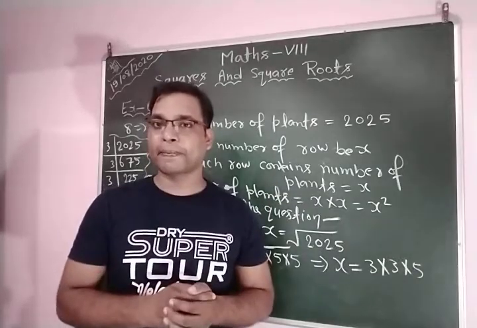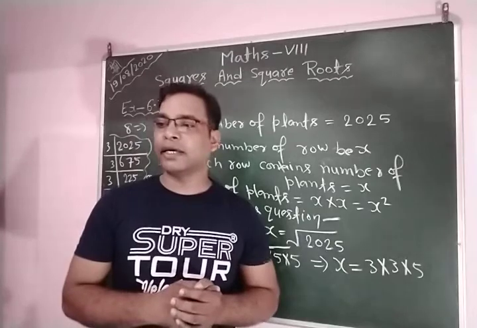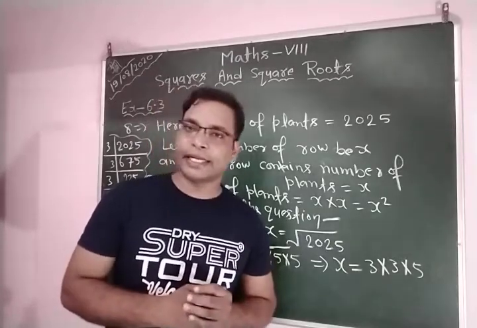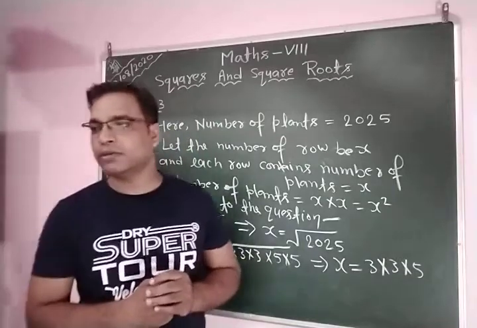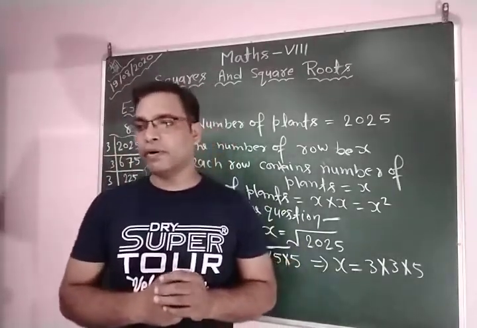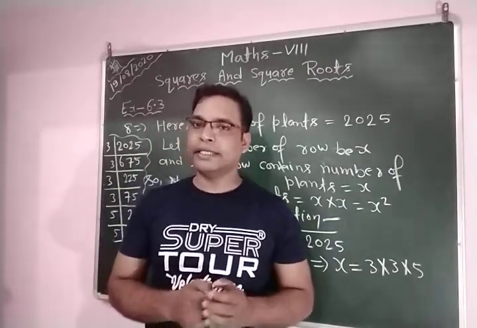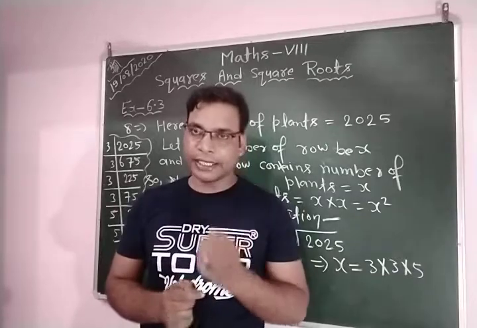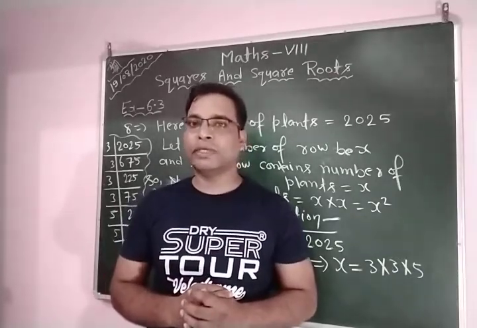Okay, so in this question, again question number 8: 2025 plants are to be planted in a garden in such a way that each row contains as many plants as the number of rows. Find the number of rows and the number of plants in each row. For this we let the number of rows in the garden be x and the number of plants in each row be also x.